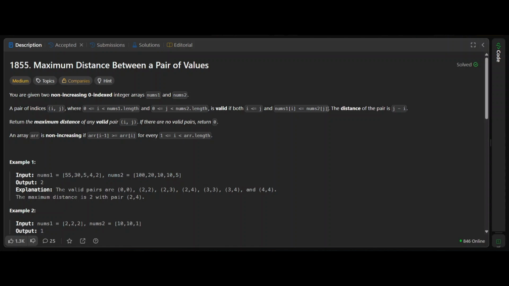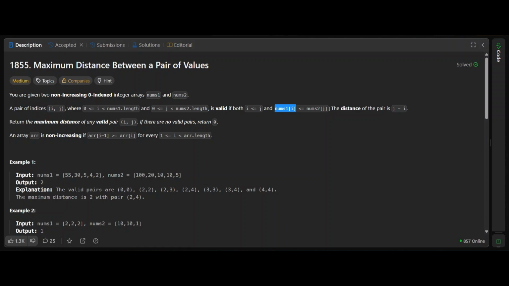Very good. What we need to find is the distance between a pair, j minus i, and what is the definition of a valid pair? j should be greater than or equal to i. It means we have to pick an i from here and a j from here. But we consider a pair valid, and consider the distance between them, only when j is greater than or equal to i, and the value at the jth index is equal to or greater than the value at the ith index in nums1. j is for nums2, i for nums1.